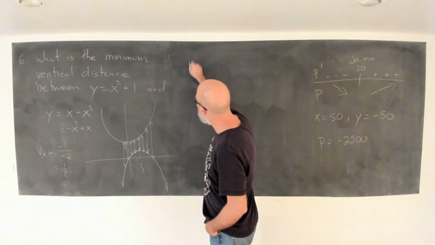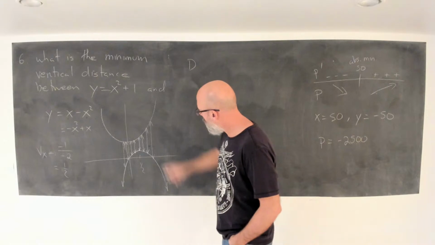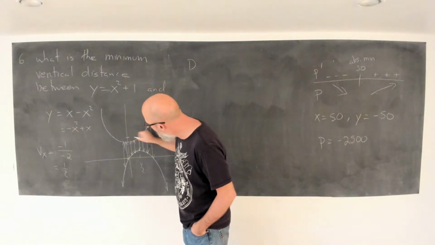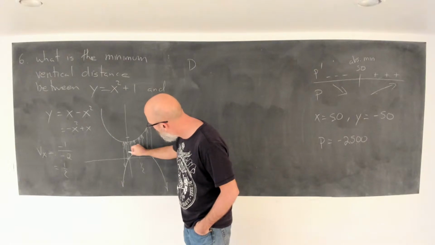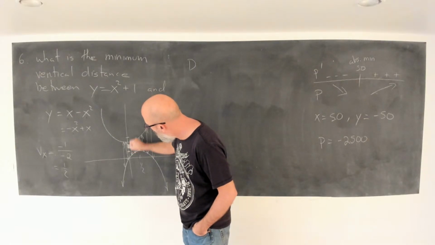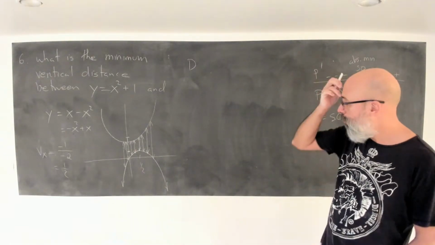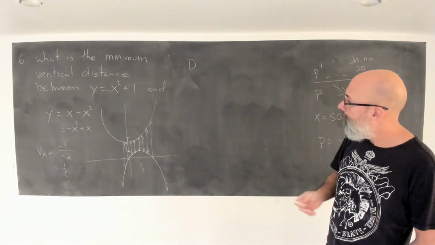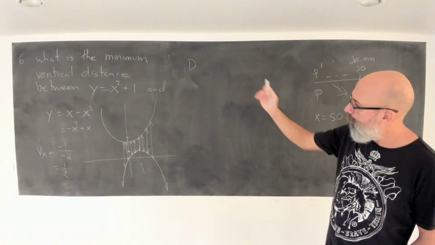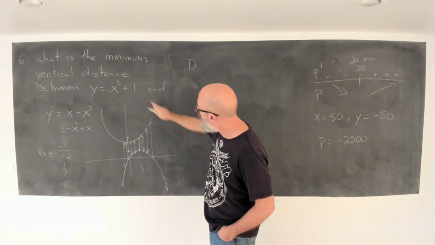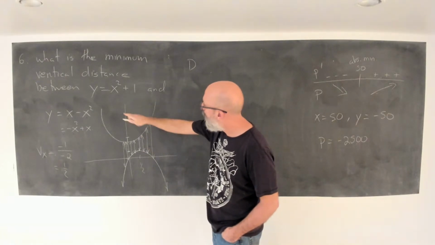So which distance is the smallest? What is the distance? Right? This is really the distance between the two y values. The distance between the largest y value, well, the y value on top minus the y value on the bottom. This one is always on top.